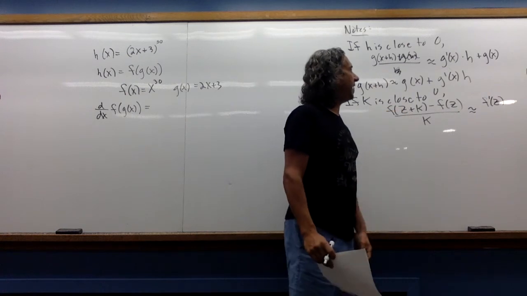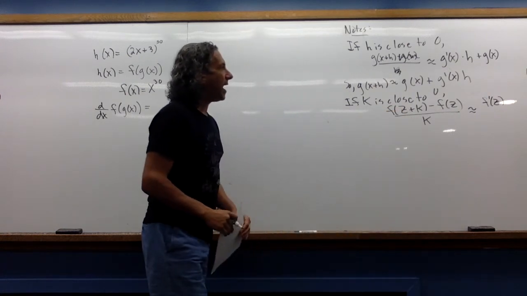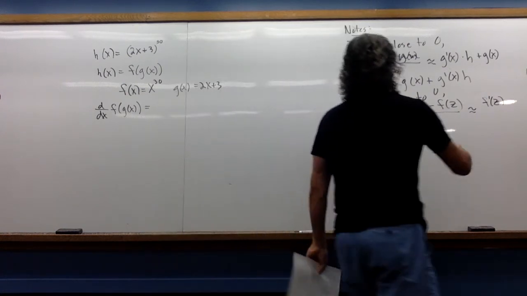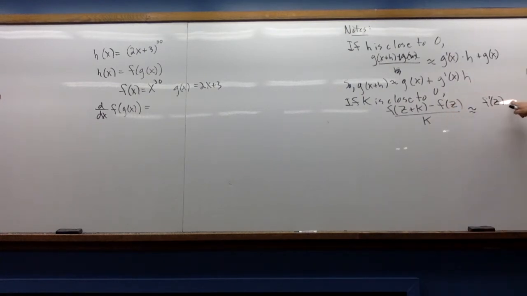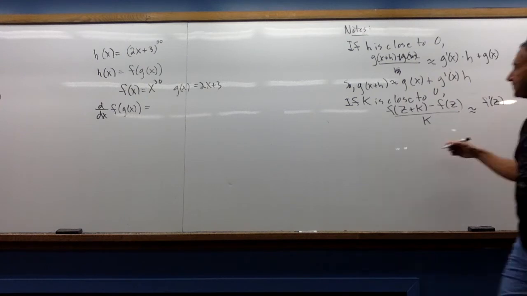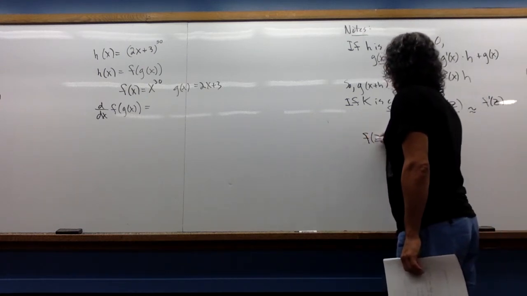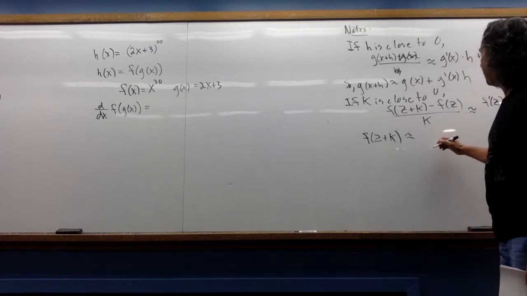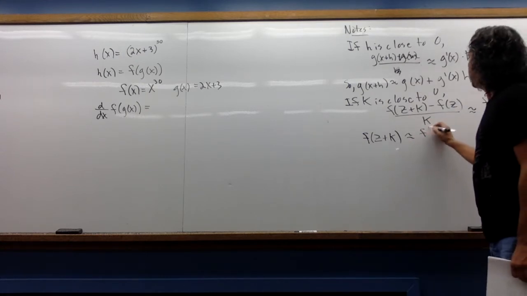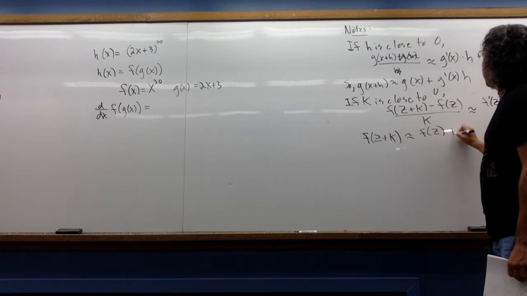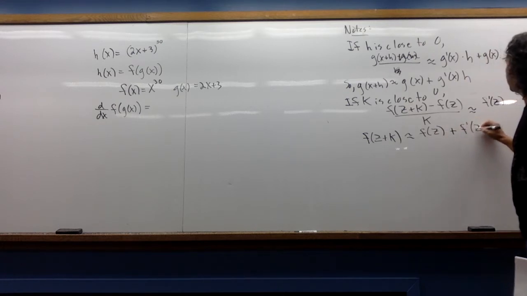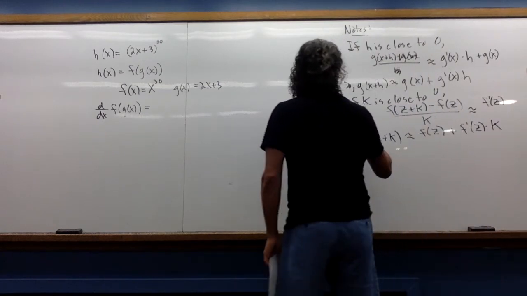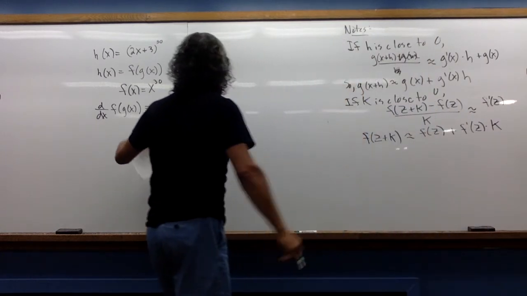I'm using z instead of x. So we can play the same game. We could times this by k over here. We can add this guy to both sides. And then see if you could work out that algebra as well to get that f of z plus k is going to be approximately f of z plus f prime of z times k. Okay, so I'm going to use this result and this result in this proof.